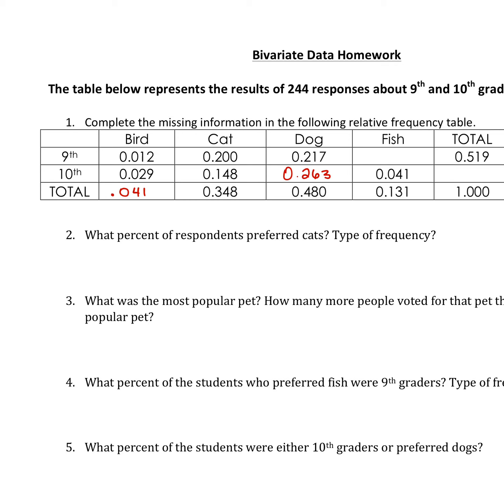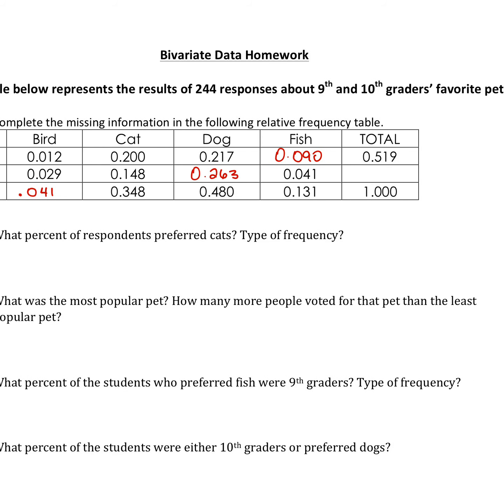For fish, I want to take my total and subtract again the 10th graders that like fish, which is 0.090. And then my total, I can either add all the way across my 10th grade column, or I can keep it simple on myself and subtract the 9th graders that I know from the 10th graders that I don't, which adds to 0.481.